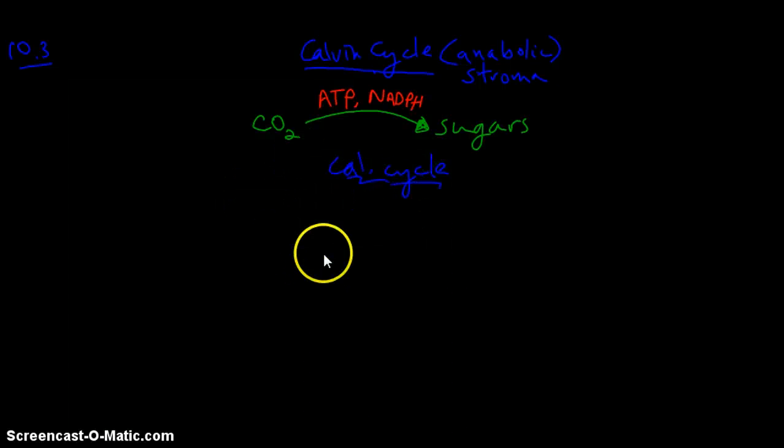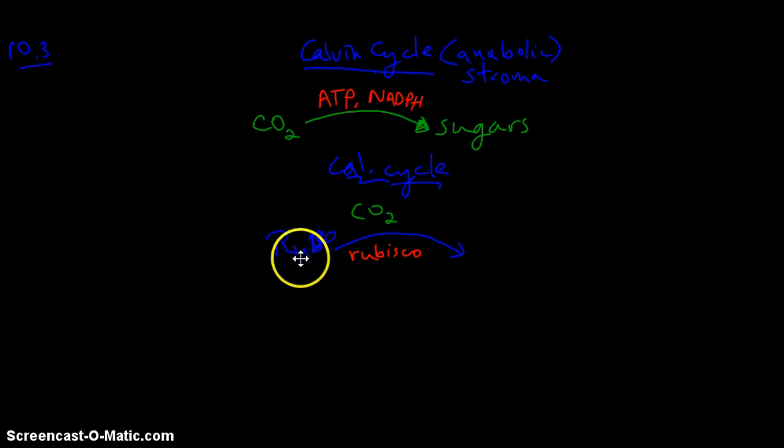The Calvin cycle begins with CO2 that is then joined up with a molecule called RUBP. Not a question, a molecule. So here we have RUBP combining with carbon dioxide with the help of an enzyme called rubisco.